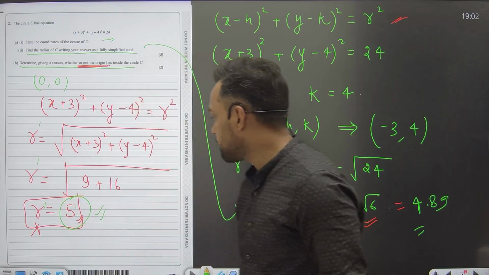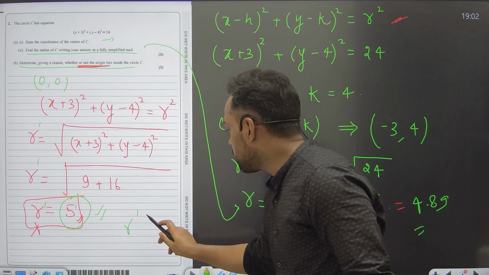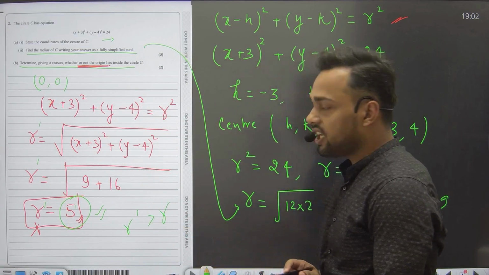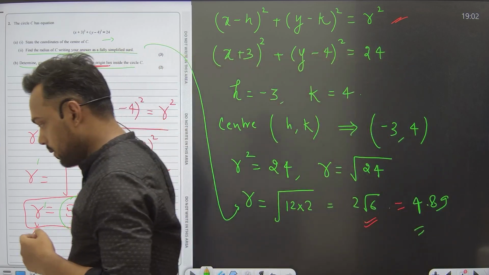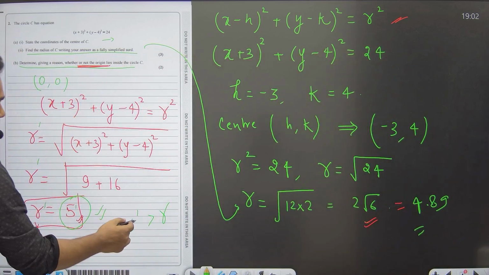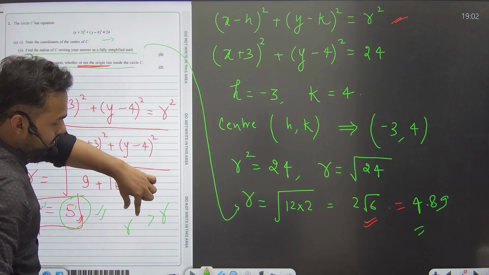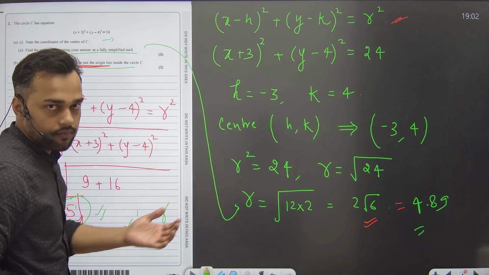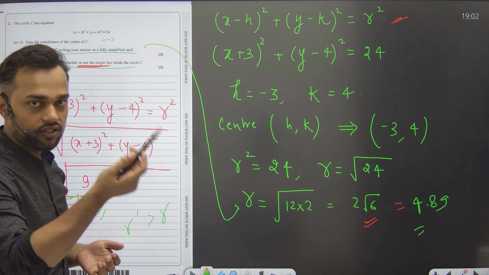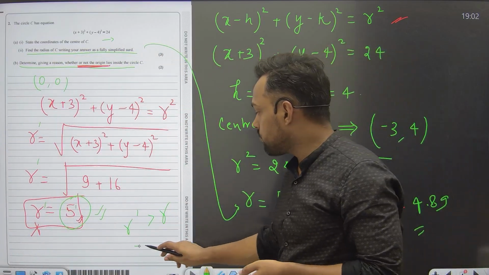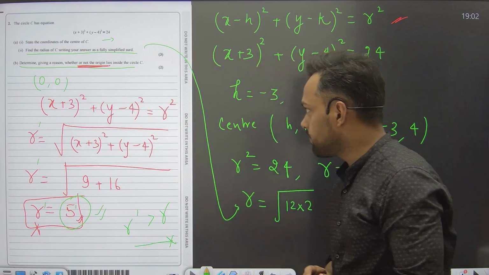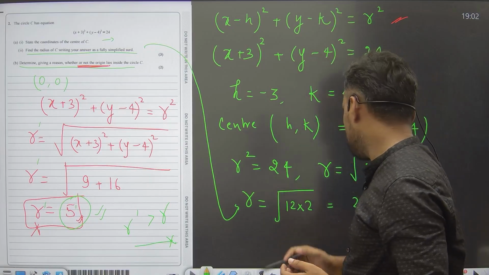So r dash is greater than r. So we can say that the origin will not lie inside the circle. In case this value, r dash, is less than r, the origin will be lying inside the circle. But here we can see that r dash is greater than r, so the origin will not lie inside the circle. This is the particular reason.